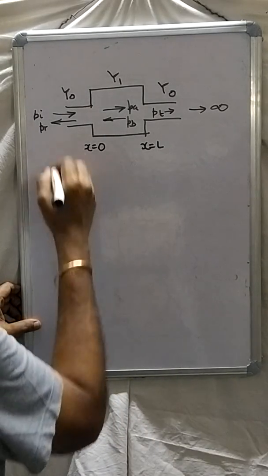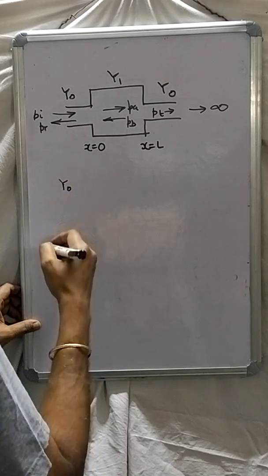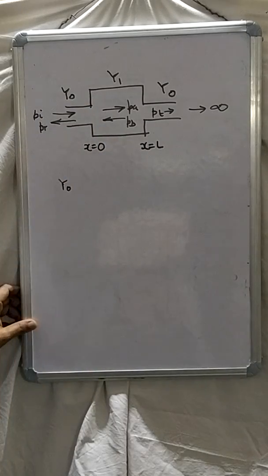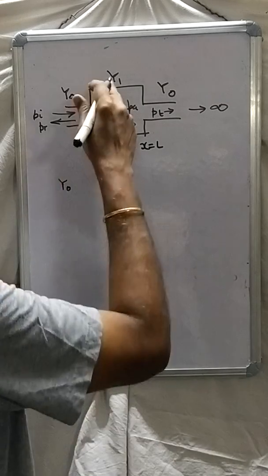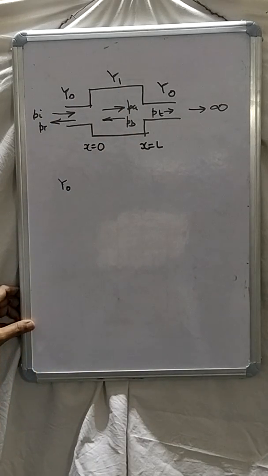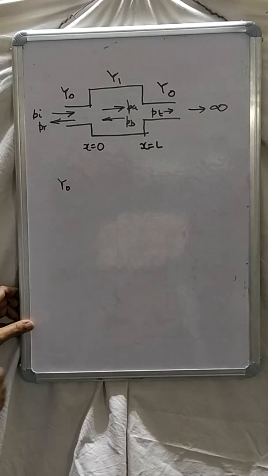On the left hand side pipe which is coming in, Y0 basically is C by S0, where S0 is the cross section area of the pipe. Y1 is C by S1, where S1 is the cross section area of the chamber. And again we are assuming the outlet pipe has the same area of cross section as the inlet pipe.